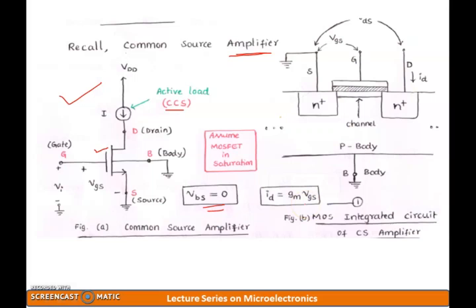Now if I consider the channel length modulation effect, or the body effect, then I may need to add one more term along with gm, that will be gmb. That is the body transconductance that I need to include if I consider the body effect also. So this is to give a glimpse of how I proceed with respect to an amplifier. I have taken an example of the common source amplifier.